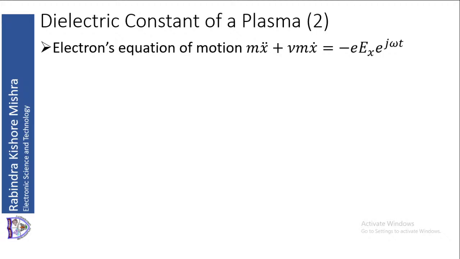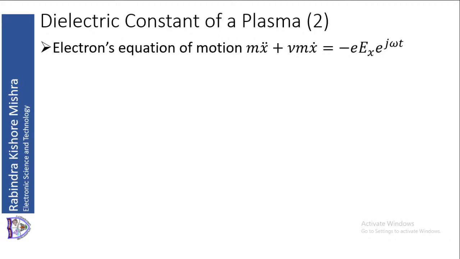You have already studied in physics or chemistry the gas laws, in which you have seen the equation of motion for a gas. The equation of motion is m x double dot, where x double dot means d x square by dt square, and dot means dx by dt.